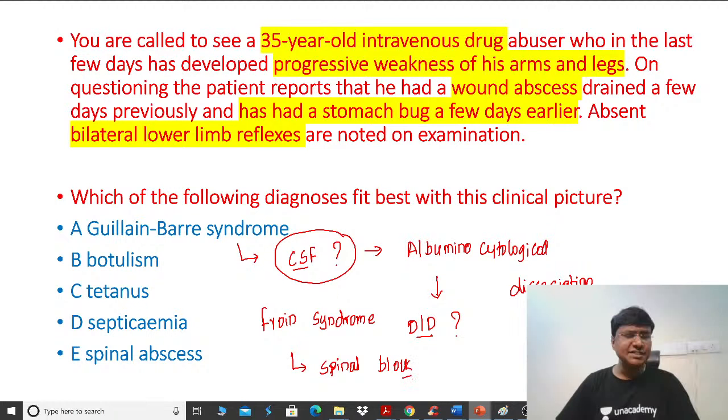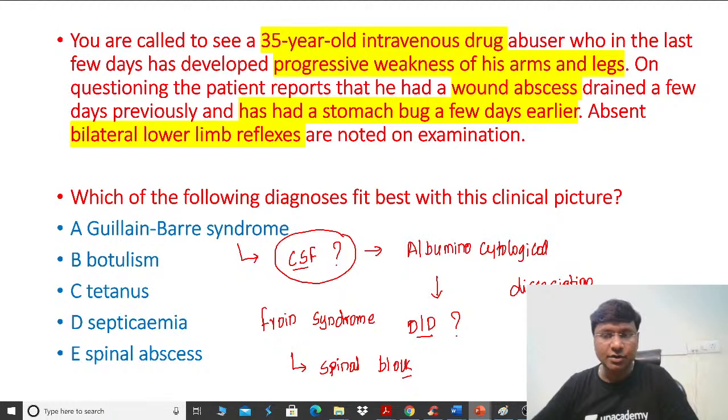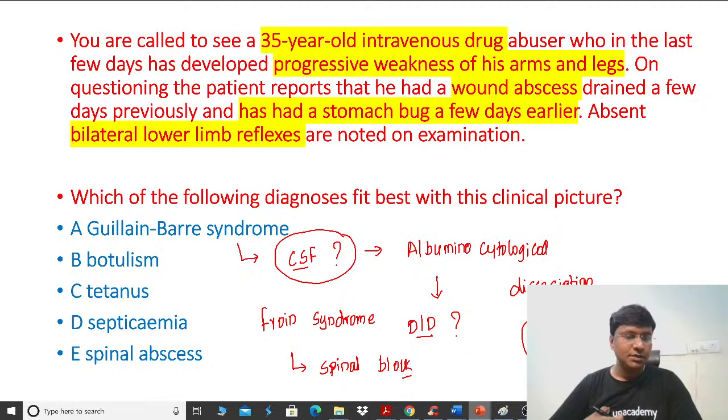Right? Spinal block. And many of you are telling about multiple sclerosis. Please tell me what is the important CSF finding in patients with multiple sclerosis? Any one of you?